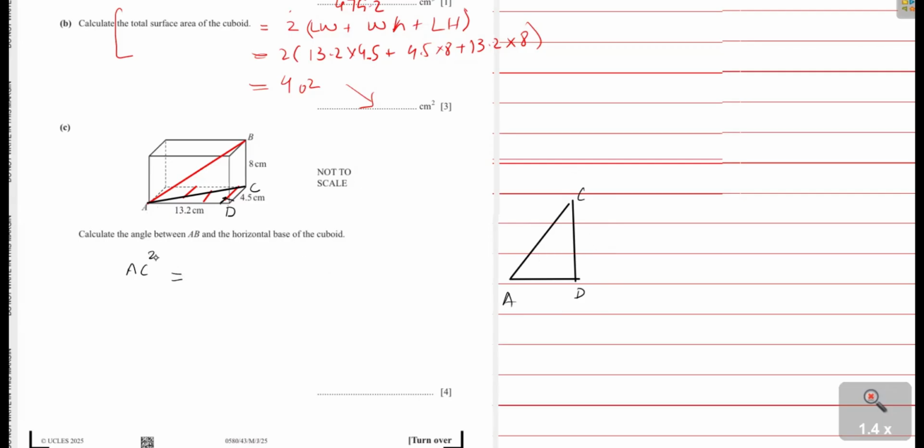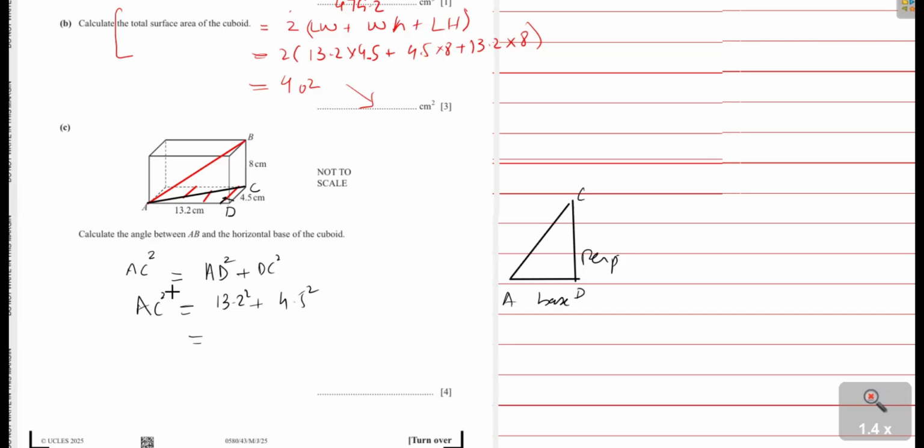This Pythagoras theorem is AC square equal to base square plus perpendicular square. Here the base is AD, and this is 13.2 square plus perpendicular 4.5 square equal to AC square.